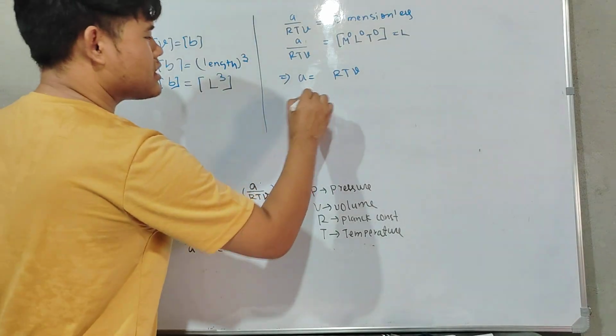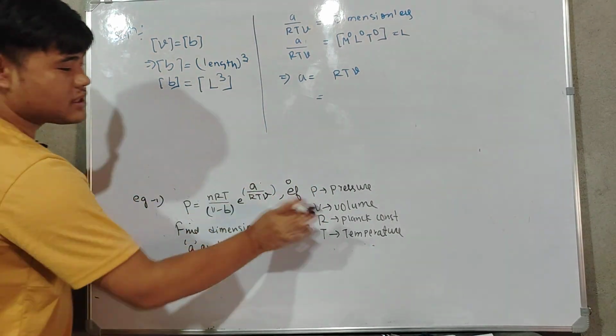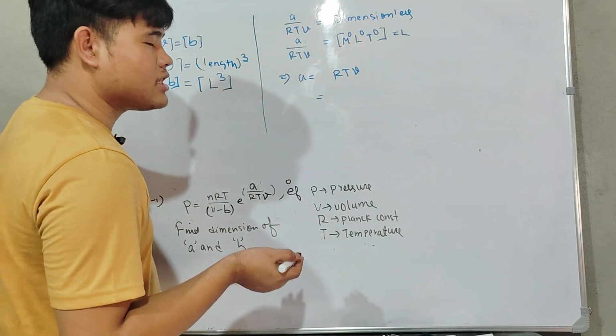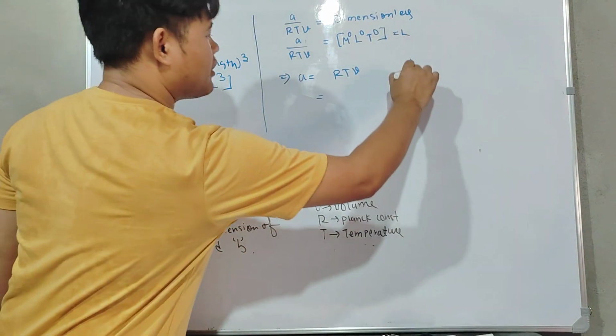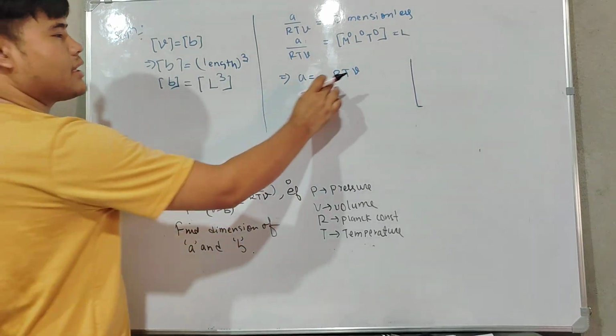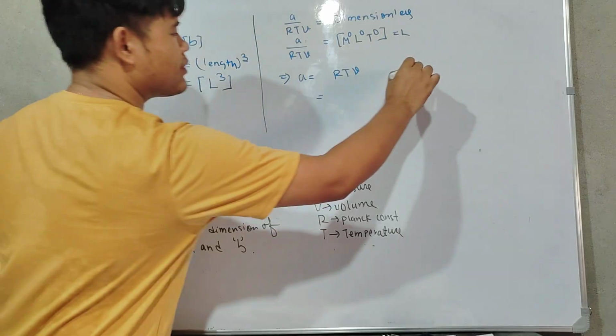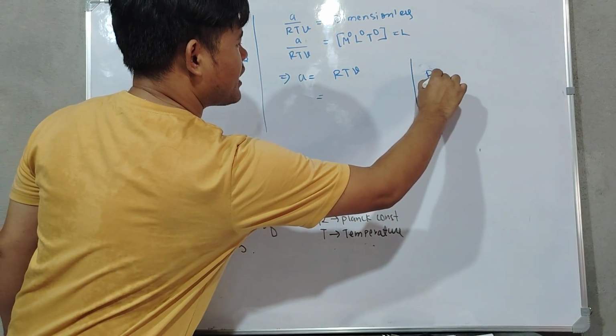Now R is the Planck constant, and I told you to do it in our previous class, because we had to find its dimension. What is the formula of this one?